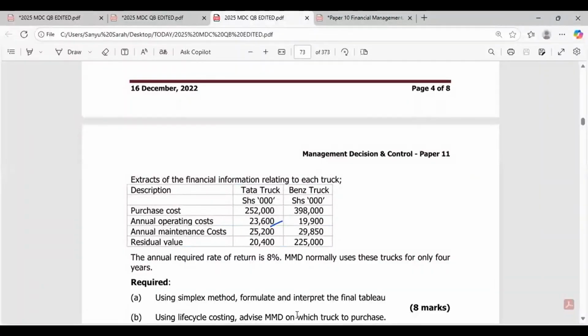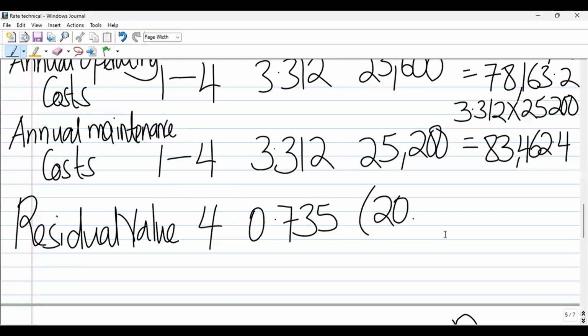2,400. However, this is a residue value. It must be put in brackets. Why? Because we are analyzing costs. This one is a revenue. So a revenue reduces on the cost. Your revenue is going to reduce on the cost.